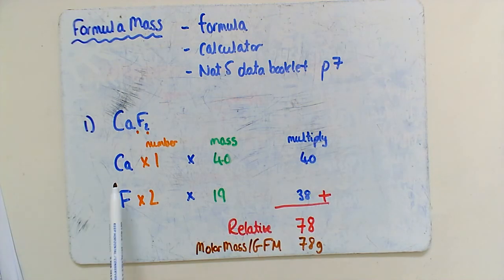So we find out what elements are in the formula, how many of each type of atom, look up the mass in the table, multiply along the row, and then add them together. And we put grams on it if we're asked for the molar mass or the gram formula mass. If we're just asked for the formula mass or the relative formula mass, we don't need units.